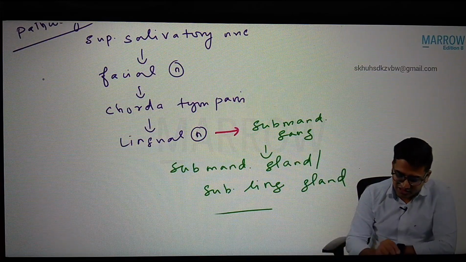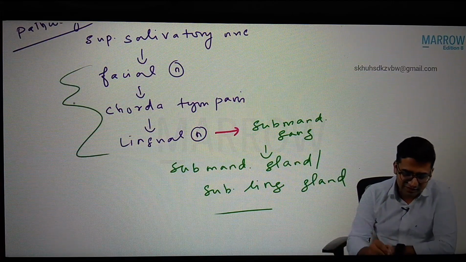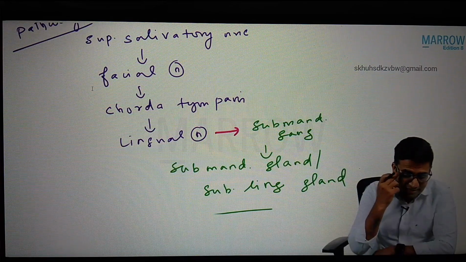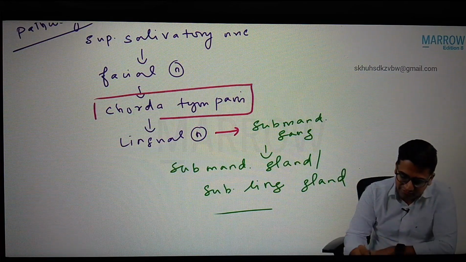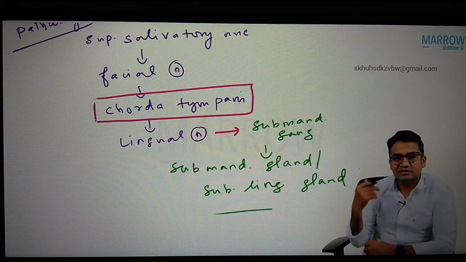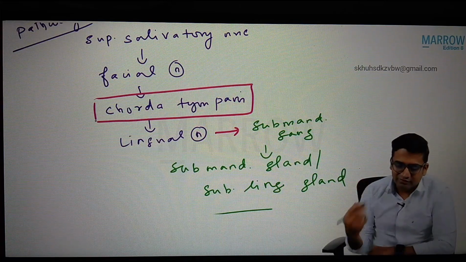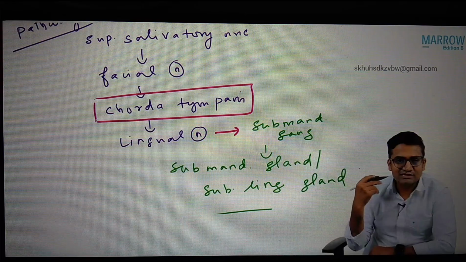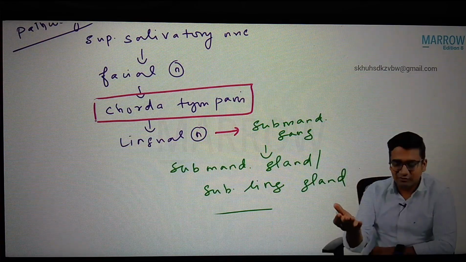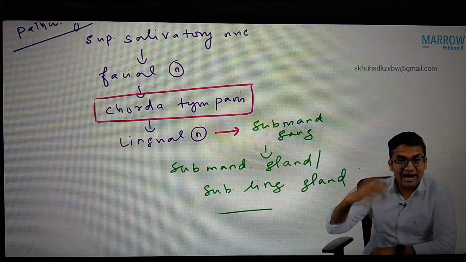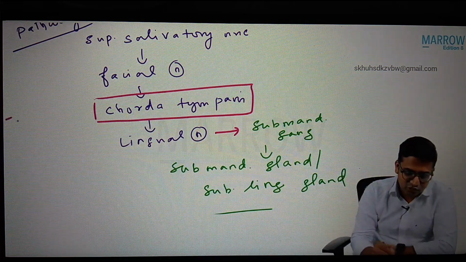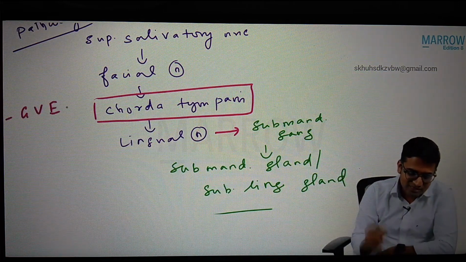Now this facial nerve, chorda tympani, lingual nerve, they carry the preganglionic parasympathetic fiber. Now in the exams, they will ask you about the chorda tympani nerve. What are the fibers carried by the chorda tympani nerve? The chorda tympani nerve carries preganglionic parasympathetic fiber to the submandibular ganglion, to the submandibular gland and sublingual gland. So chorda tympani carries what type of fiber?